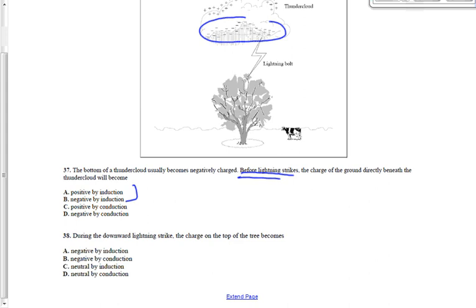Well, let's draw the ground here. The ground is essentially neutral. Now, if the bottom of the cloud is negatively charged, what's it going to do to the protons in the ground? You're going to leave them. They're going to stay where they are. What's going to happen to the electrons in the ground?